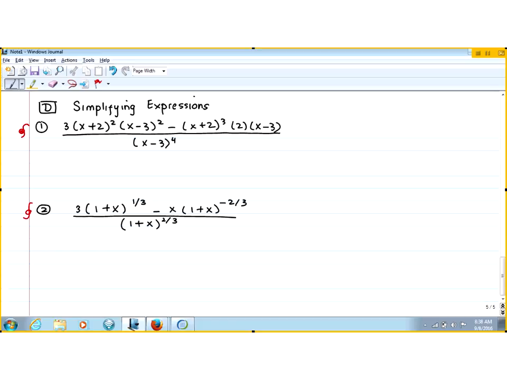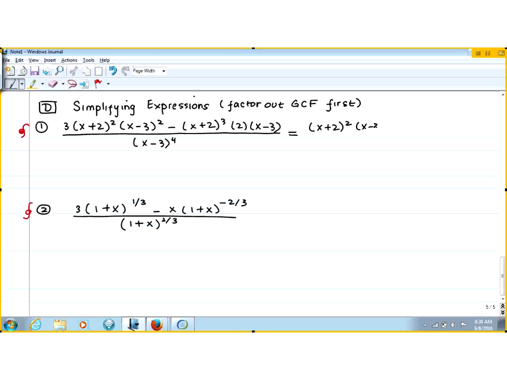So how are you going to simplify these? Yes, we factor out the GCF first, the greatest common factor. That's right. So what is this? Let's look here. What can I factor out? (x plus 2) squared.